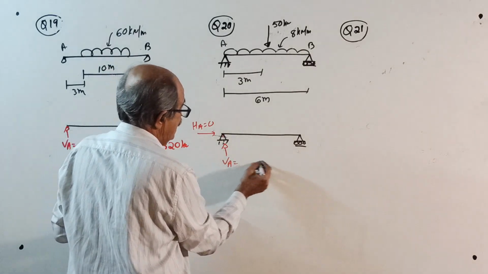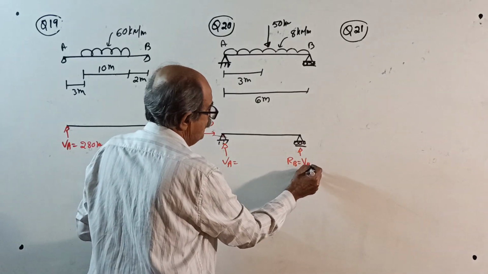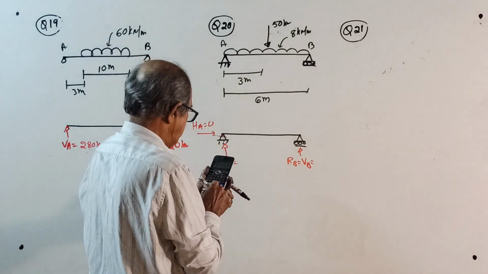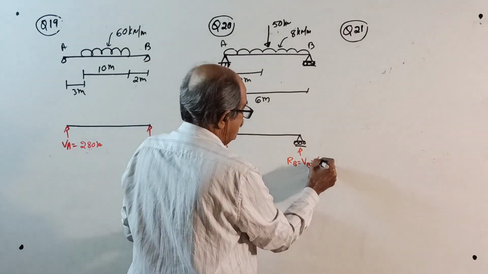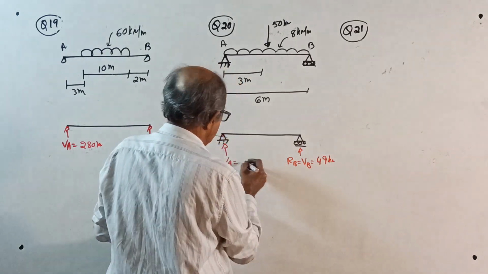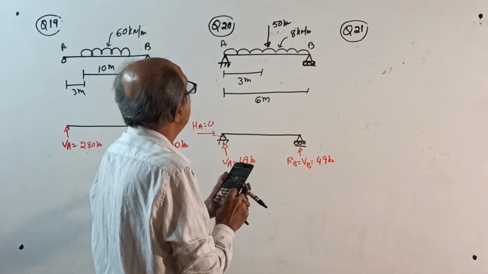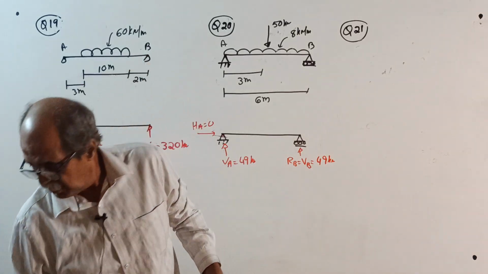Vertical reaction VA, reaction at B is normal to the plane. VB equal to 50 plus 8 into 6, total 98 divided by 2. You calculate 49 kilonewton. Sigma m is not required, but you do it the usual way. 49, correct? 48, 58, 98 by 2. 49, correct.